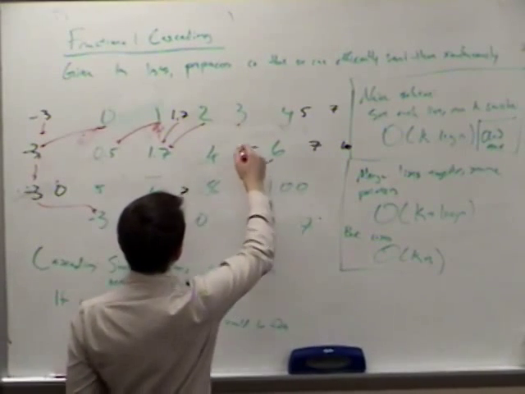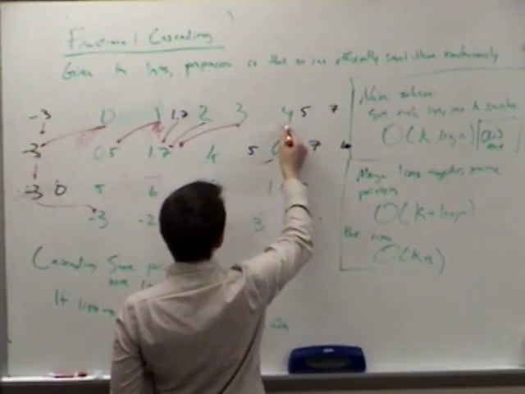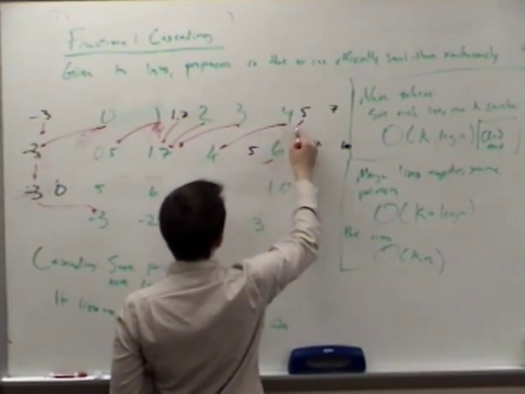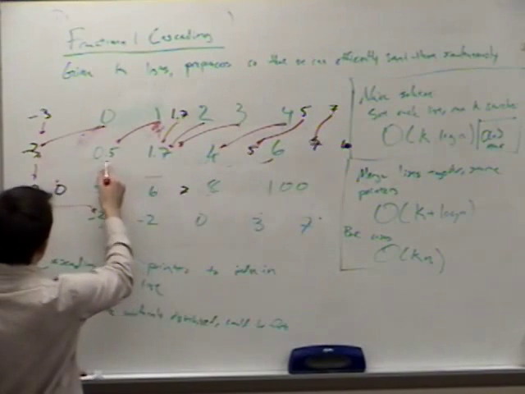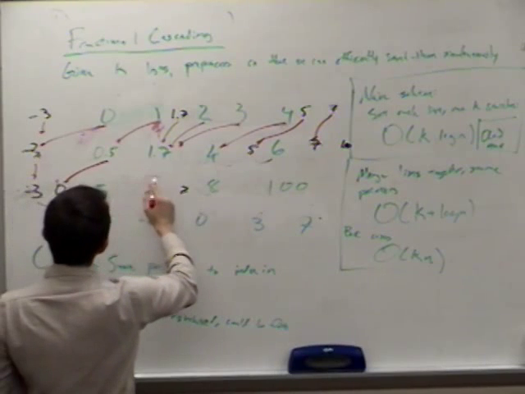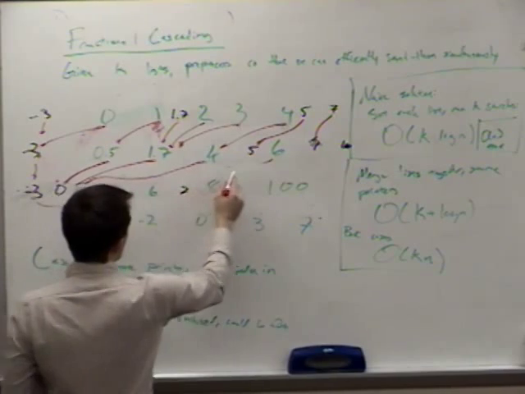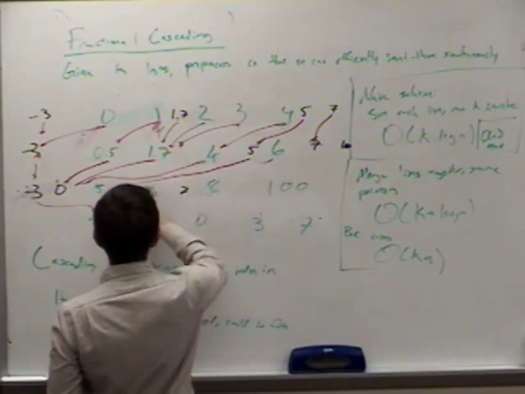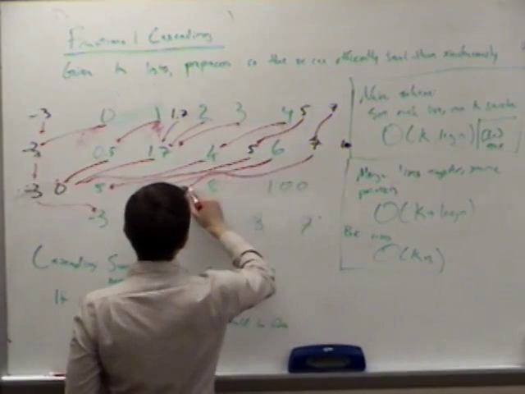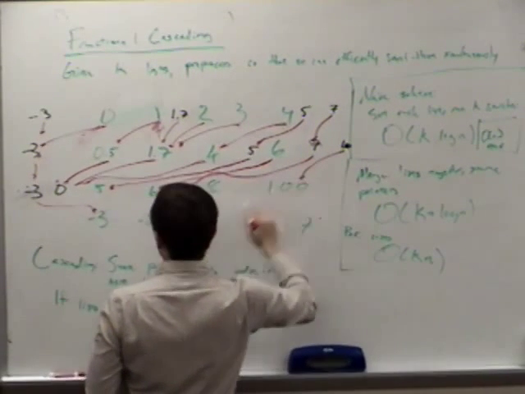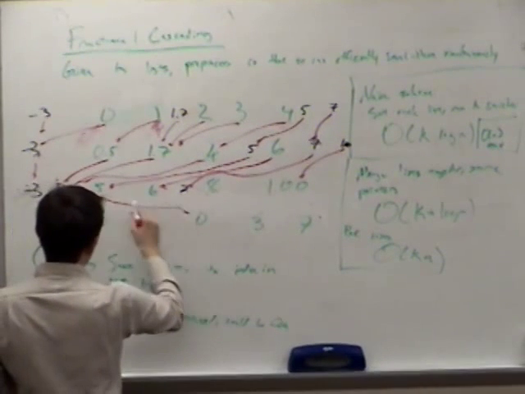And then 3 goes here. 6, 7, 100. 0 will go here.